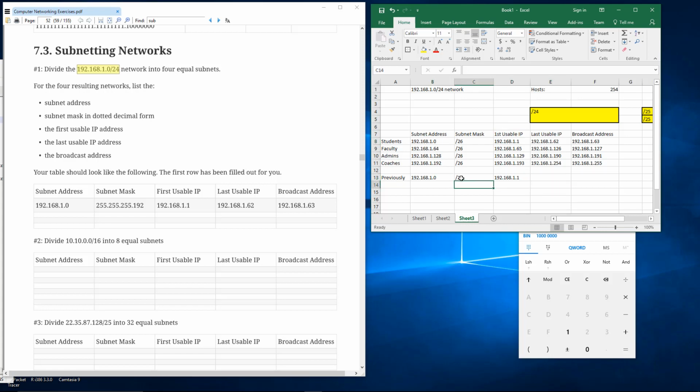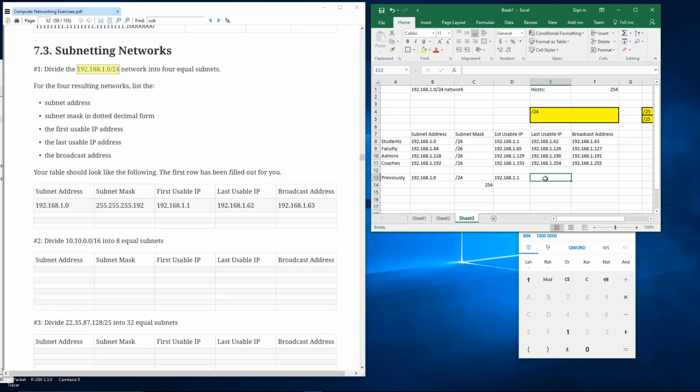Well, what's my number of hosts? Equals 2 to the, what would the n be here? 32 minus 24, minus 2. 254. 192.168.1.254, because I'm adding 254 to 0 there.